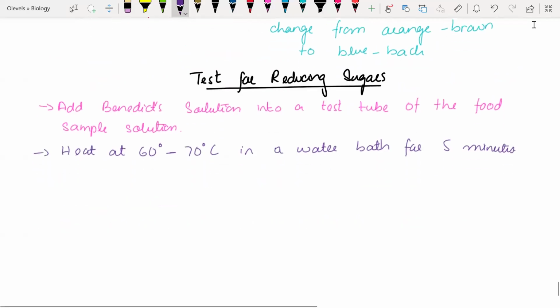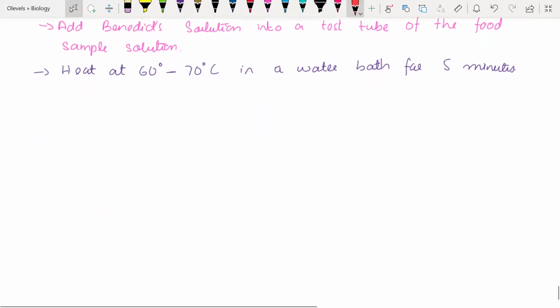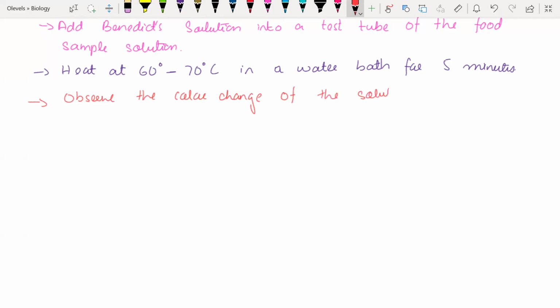And again, you have to observe the color change of the solution.